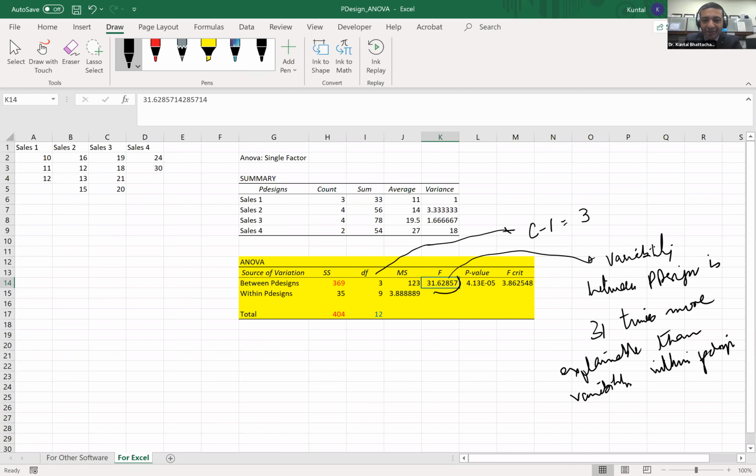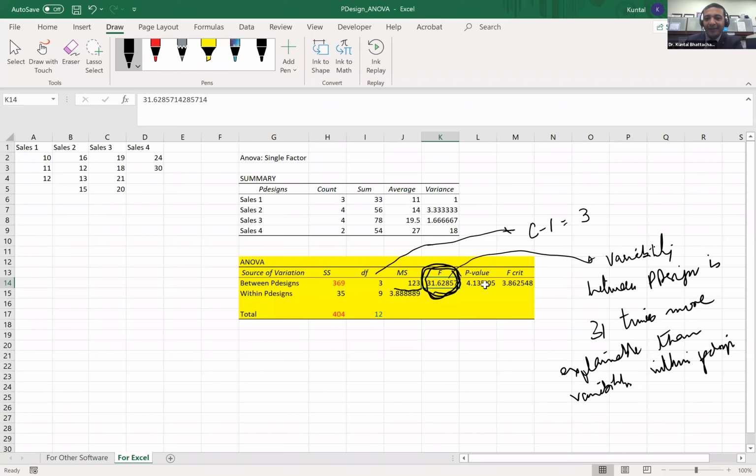So it's essentially a ratio, right? Because it's measuring that 123 divided by 3.88. It's telling you how much more explainable that package design variability is. And so that is a measure of your F test or your F value.